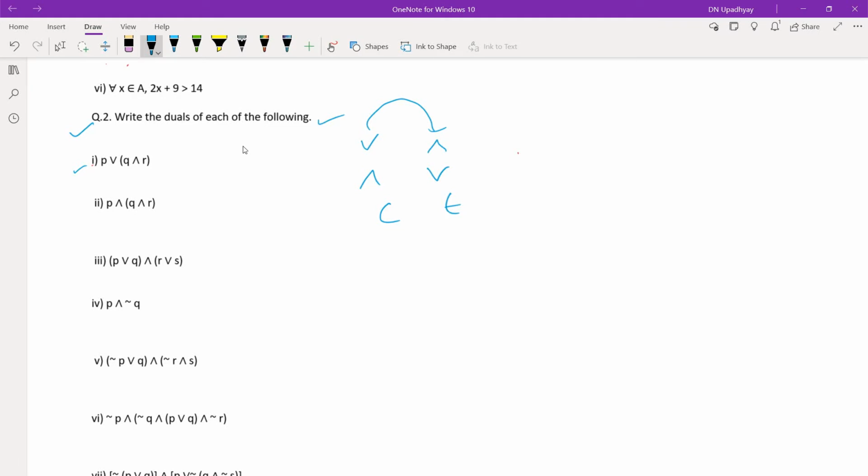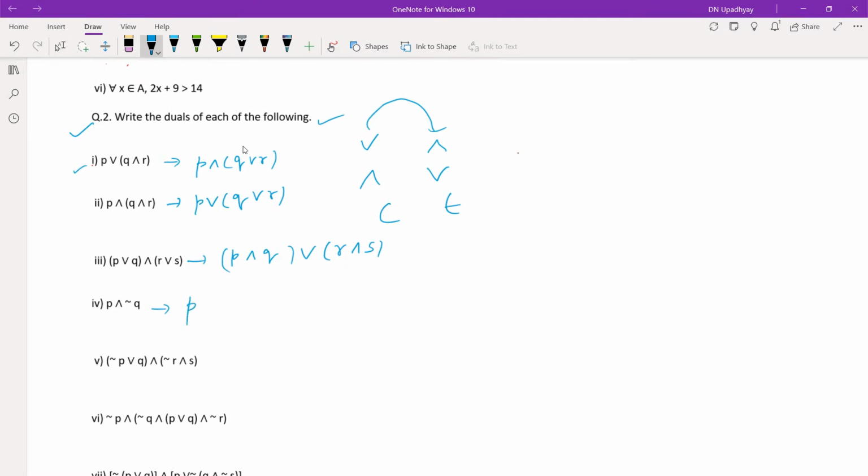So the dual of this combination will be P and Q or R. For this, P or Q or R, just the opposite, so P and Q or R and S. And we don't have to change the negation sign.